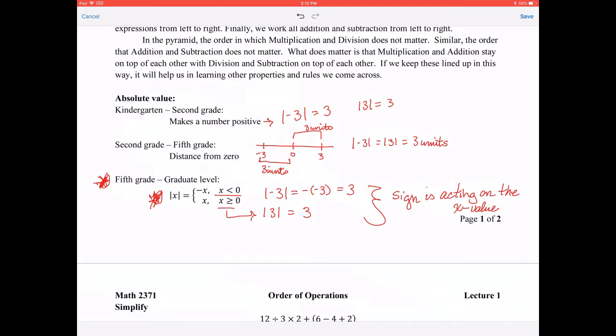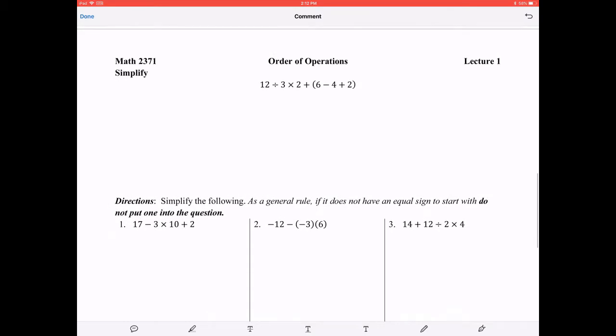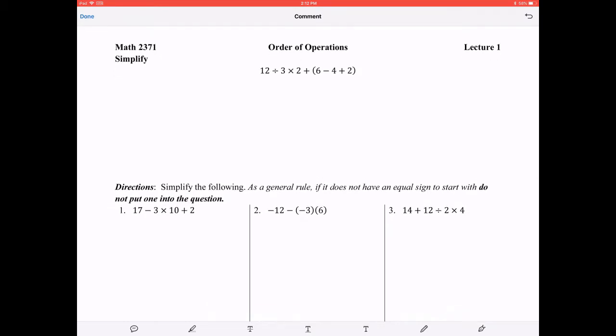If you put down that it's the distance from zero, although that is technically correct, that is not the definition that we are defining it to be, because you are now in a fifth grade to graduate level class. Okay? So yes, that is technically correct. It is no longer the definition that we are using.